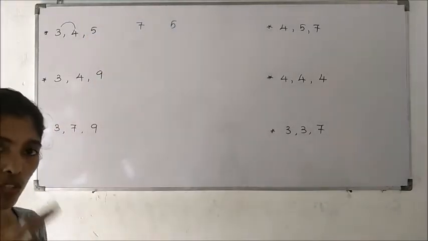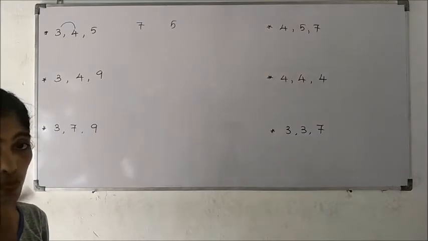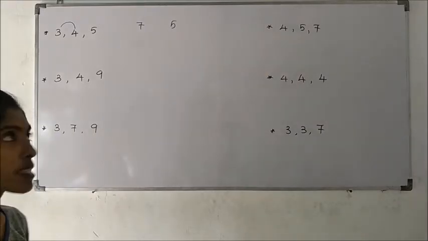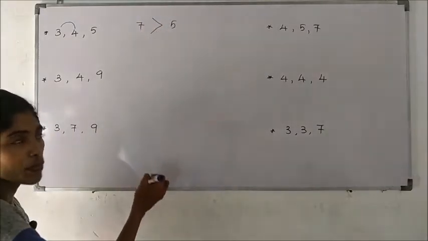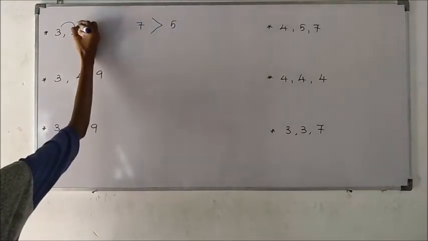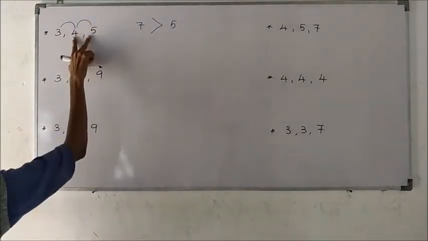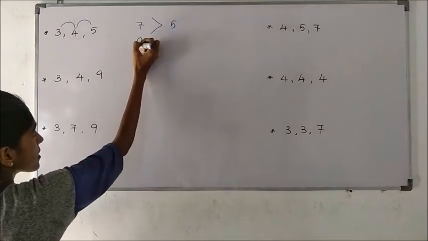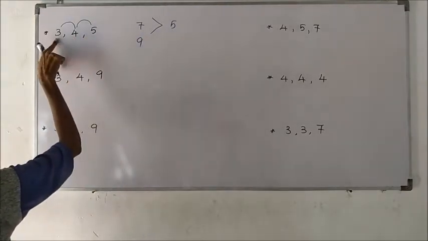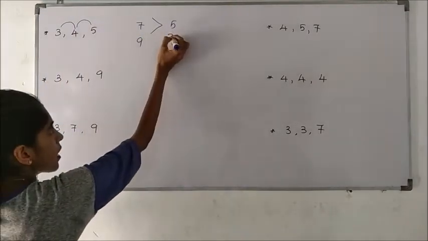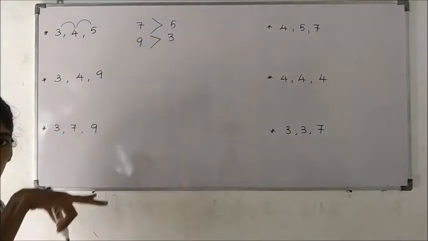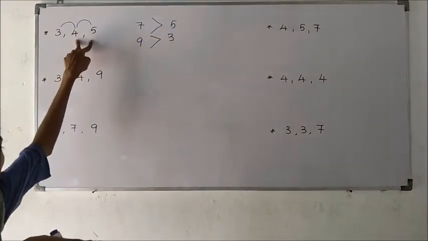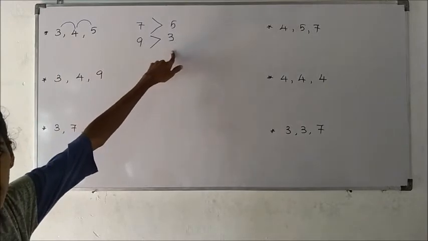When we add two sides, the sum must be greater than the remaining side. It's greater, right? In the same way, another pair, 4 and 5. When I add 4 and 5, the sum is 9. What is the remaining side? It's 3. There also the sum of those two sides is greater than the remaining side.